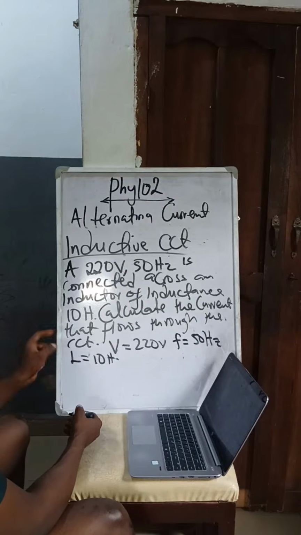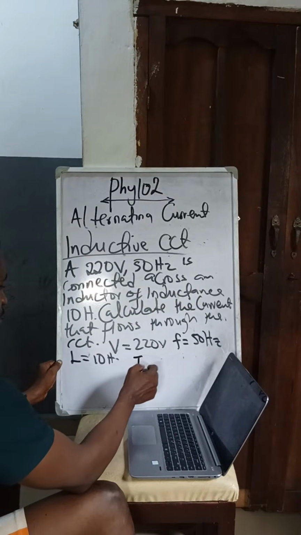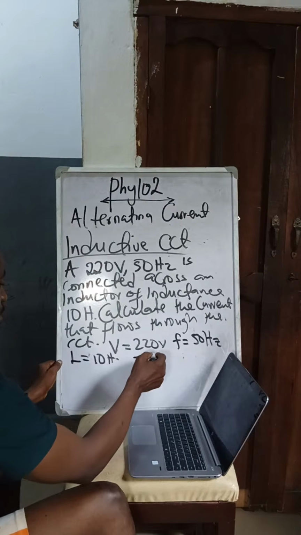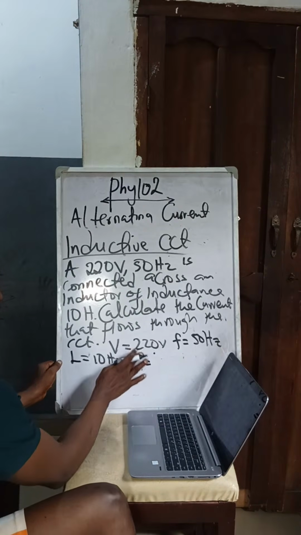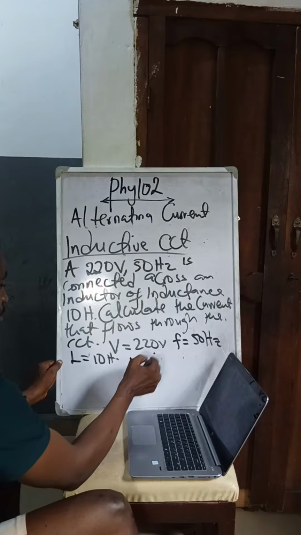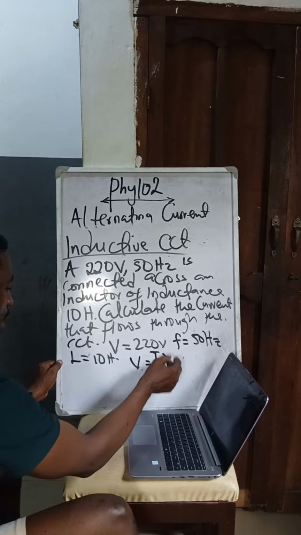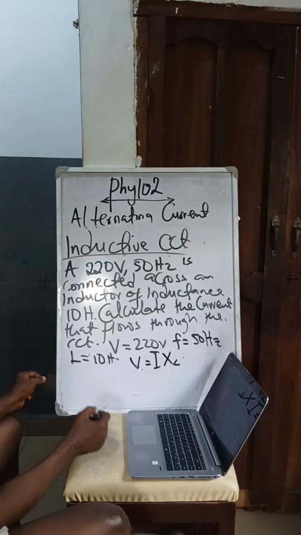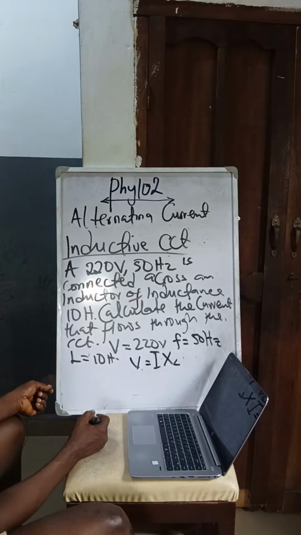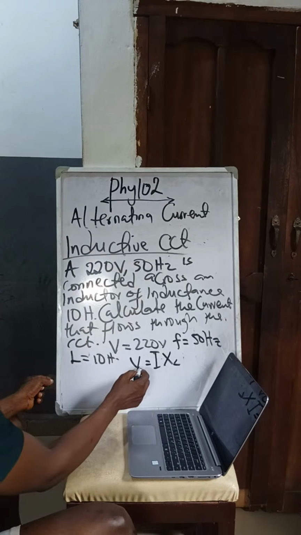Calculate the current that flows. We have that voltage is equal to I XL. This is VL.